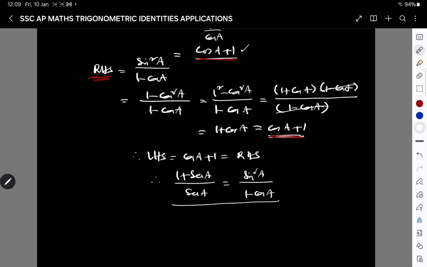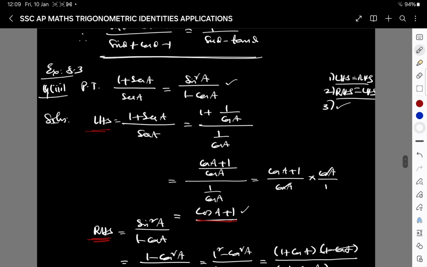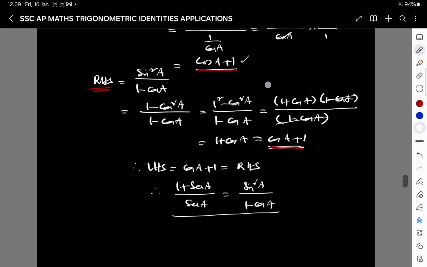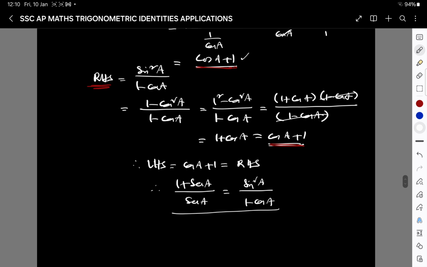This is one method we can use to prove some of the things given like this. This is a new method. So this is an important thing you must remember.